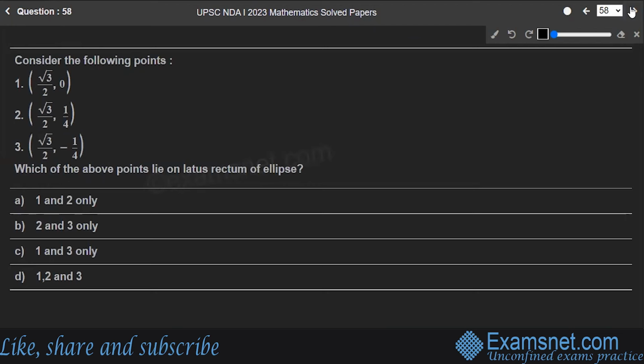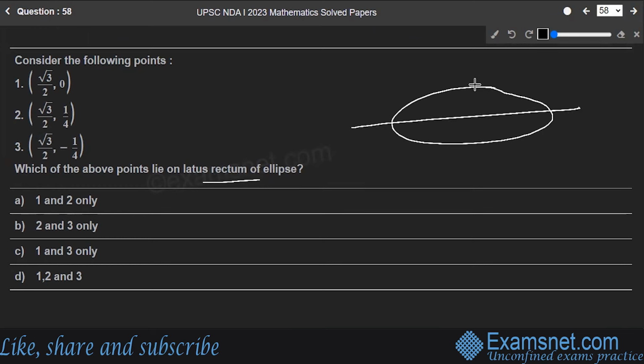So same sum is there. Now the question is, which of the above points lies on the latus rectum of the ellipse? So if this is the ellipse, these are E and F. Now it is asking you which of the above points lies on the latus rectum. Let's talk about the latus rectum.